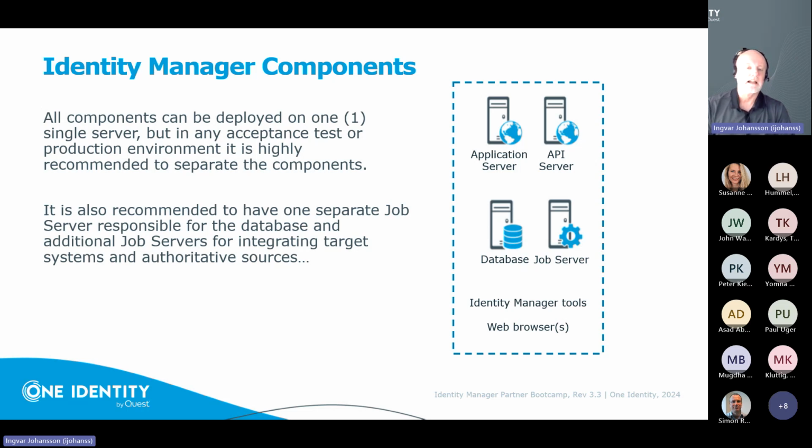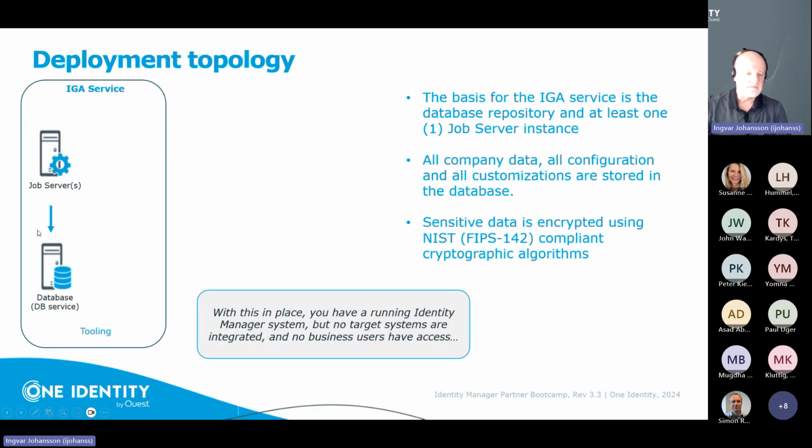Obviously, that's fine for development and test and trying stuff, but in any kind of production environment, no, you don't have everything on one box, of course. But there's nothing preventing you from running everything on one box, right? So a typical way of deploying Identity Manager is that you deploy your database.